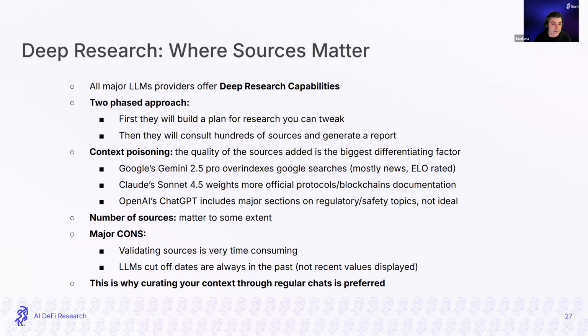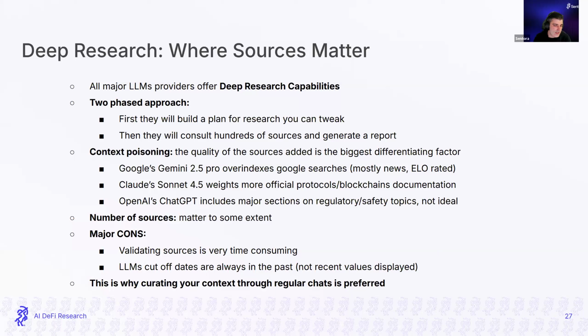So here the major differentiation factor is the quality of the sources that each model is going to pick up, right? I've been trying extensively the three major ones: Gemini 2.5 Pro, Sonnet from Claude 4.5, and OpenAI's ChatGPT. And each of them has their own quirks, right?